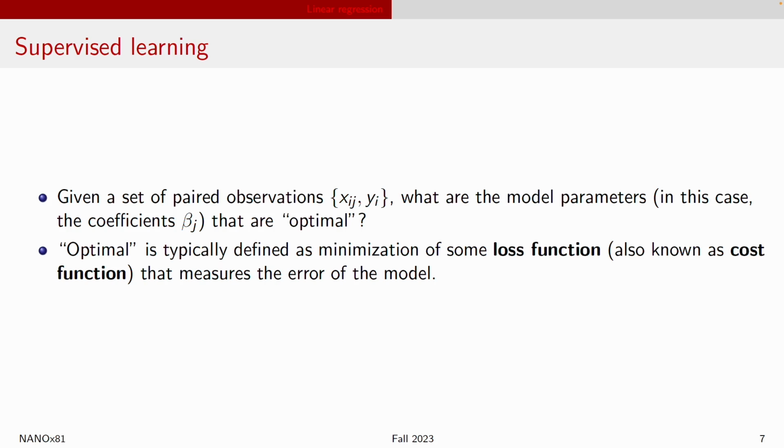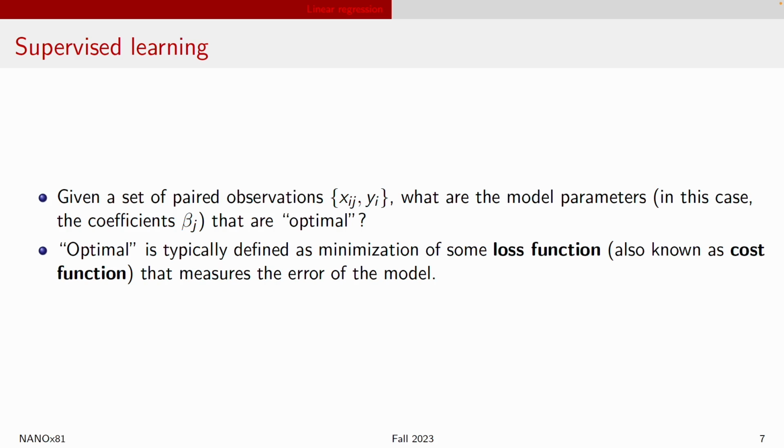Okay. So essentially you are going to give that model some data, a set of x and y, and you are going to figure out what the model parameters are. In the case of a linear model, those are your coefficients beta j that are essentially optimal in some sense. We are going to discuss a little bit about what optimal means. When we talk about optimal, we are always talking about the set of coefficients that minimize some loss function.